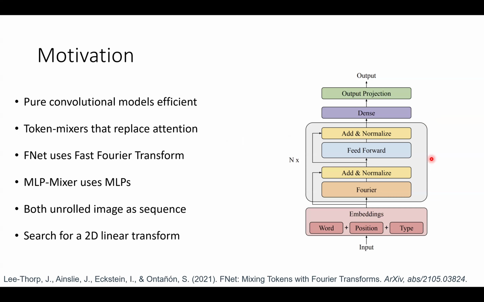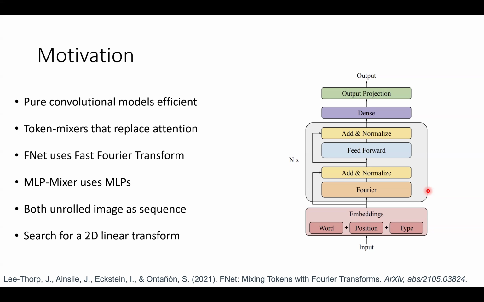So in NLP, a model called FNet came, which replaced attention with Fourier transform. And it showed that it was giving reasonably good performance, but was much faster and consumed far fewer resources. So I was thinking, can we use something similar in the image domain?